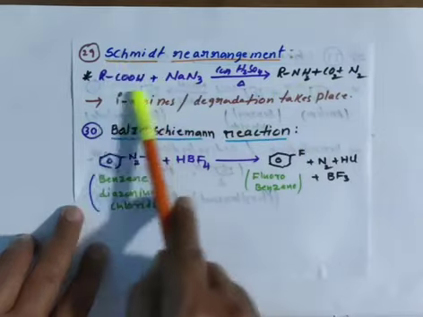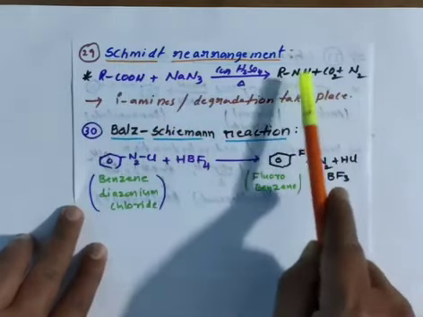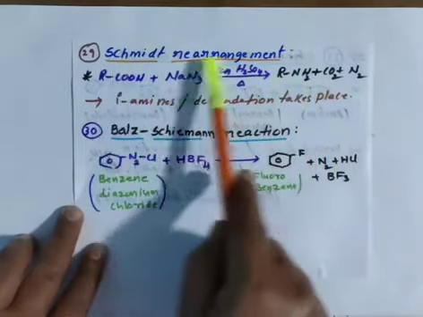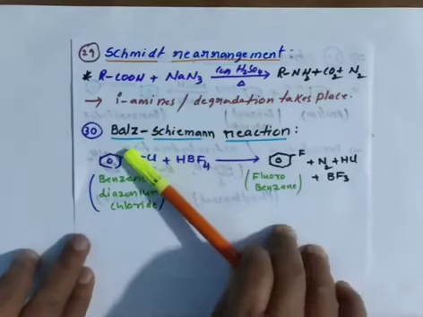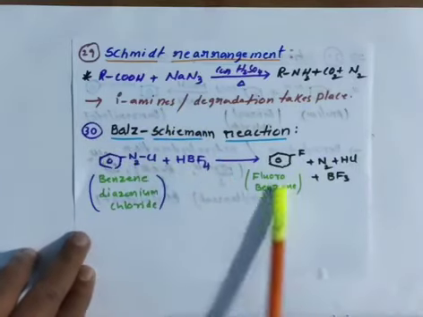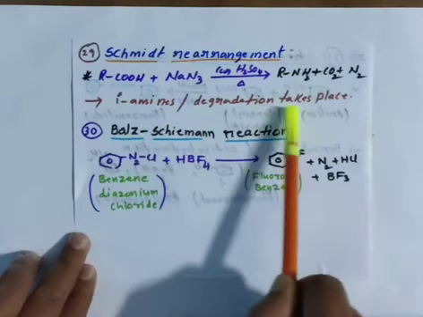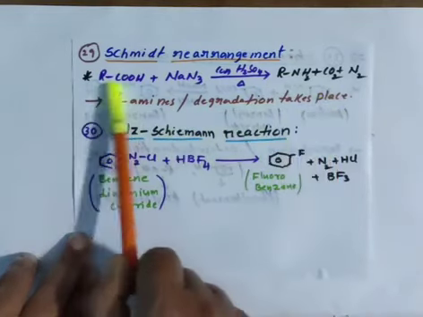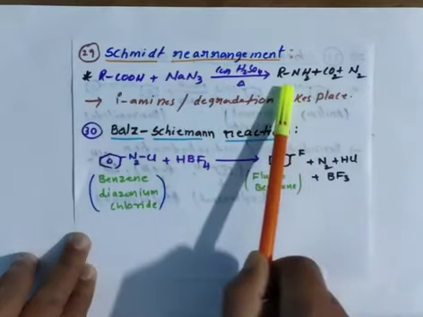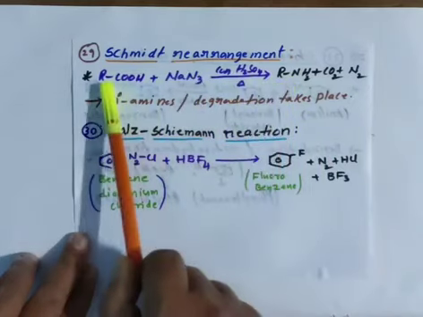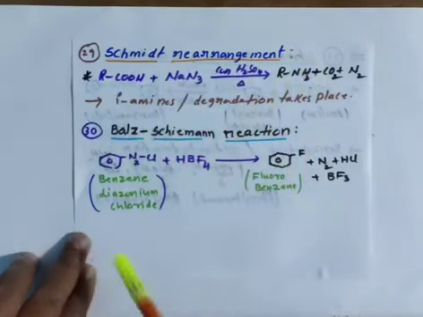So carboxylic acid is converted to primary amine by the Schmidt rearrangement. Here, 2 carbons are there, and here only 1 carbon, so degradation takes place.